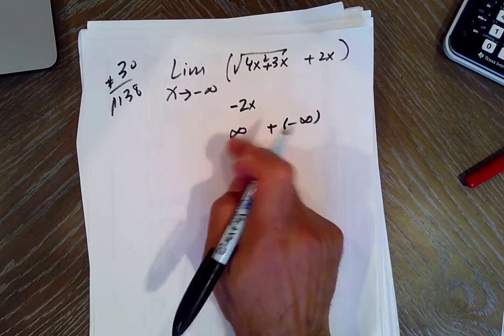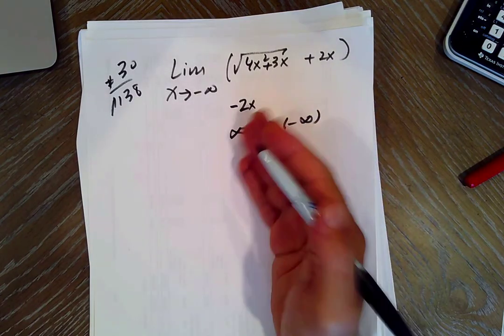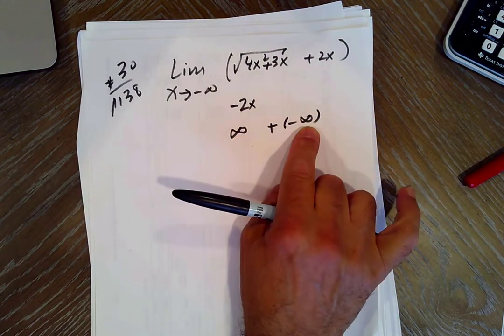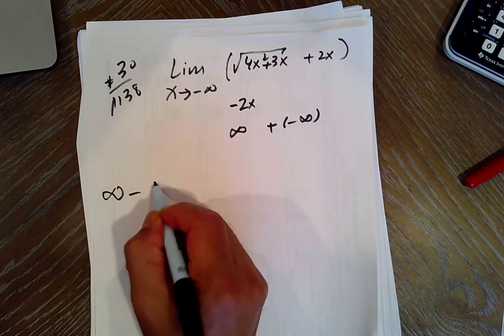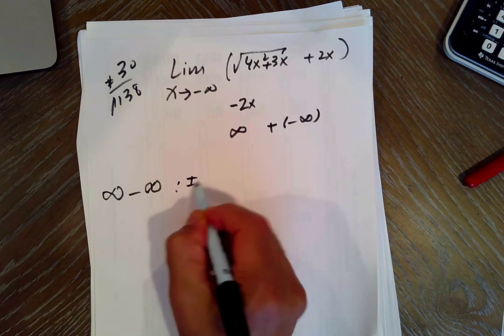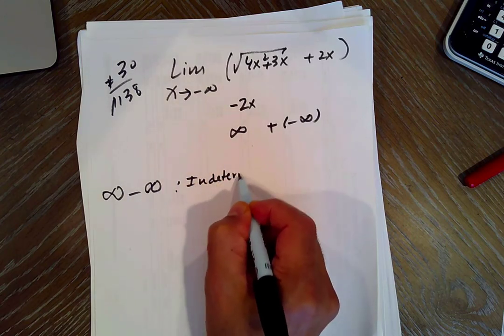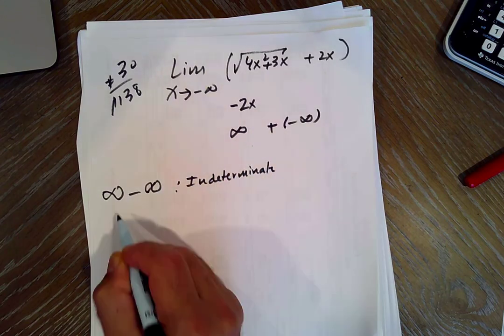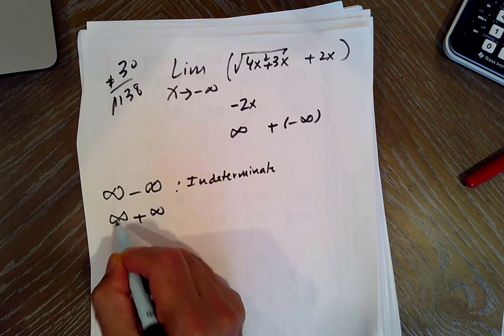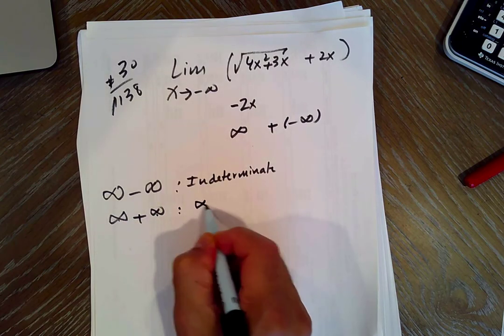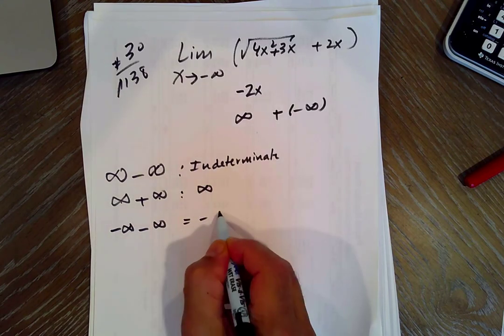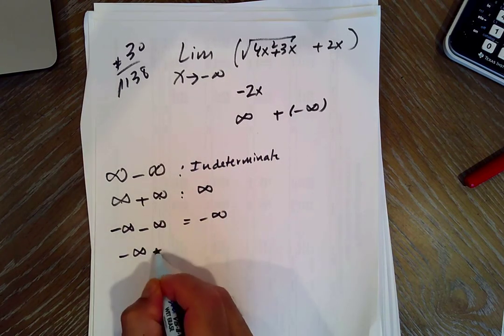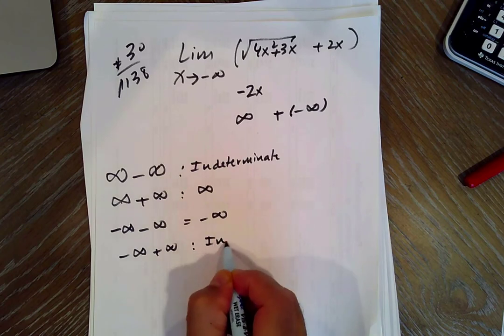So we don't know which infinity is bigger. That's not 0, because this could be 10 trillions, this could be a million, okay? So always when you have infinity minus infinity, it's indeterminate. But infinity plus infinity, Bill Gates plus Warren Buffett, is infinity. It's more. Negative infinity minus infinity is negative infinity. But negative infinity plus infinity is indeterminate. Keep that in mind.